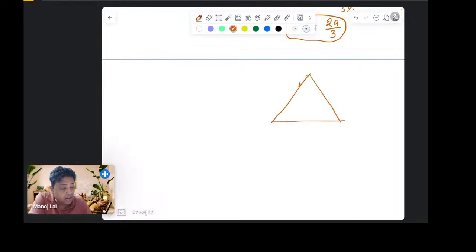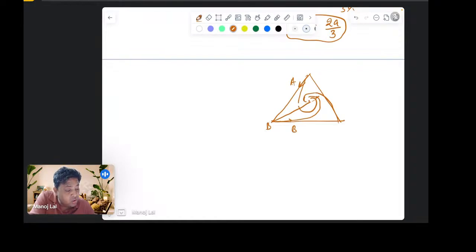Say A, B, and it goes like that and meets something like this. What is the distance covered by A or B till it has covered an angle of 180 degrees?